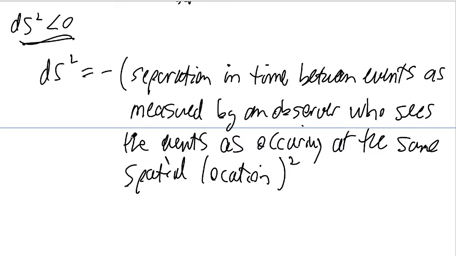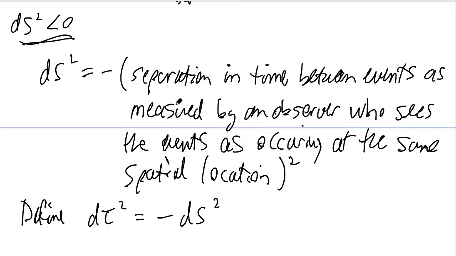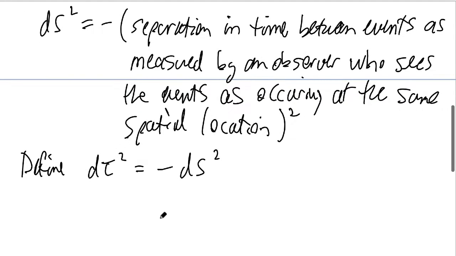Okay, in this case, we can define what we call d tau squared as minus ds squared. So it's just the quantity in parentheses squared here, so without the minus sign. And d tau is referred to as the proper time. So d tau is the quantity that's in parentheses here.